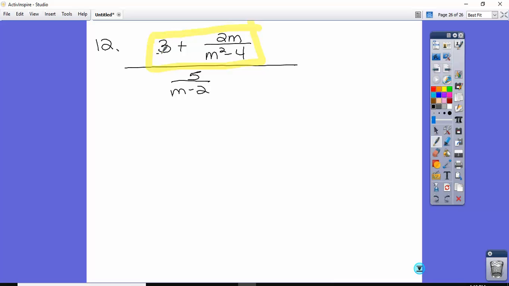Okay, right now this is like a 3 over 1. If I want my denominators to match, what am I going to have to multiply this 3 by? Okay, so I'm going to multiply m squared minus 4 on top and bottom.